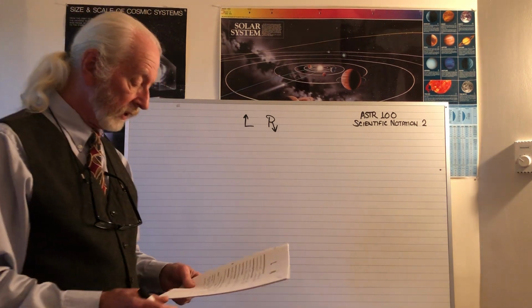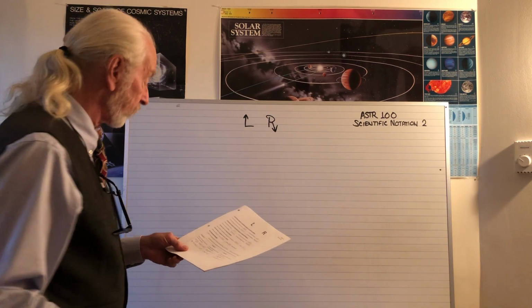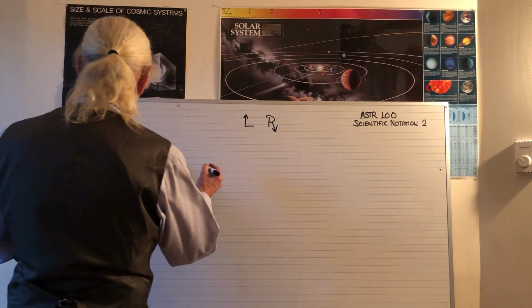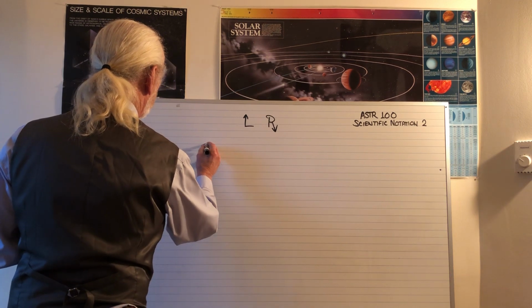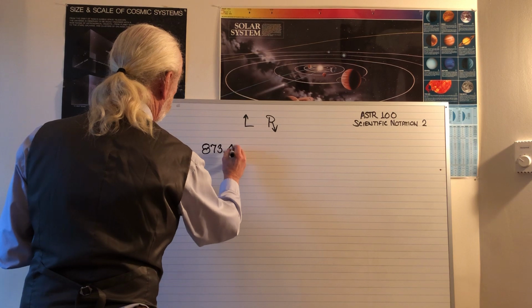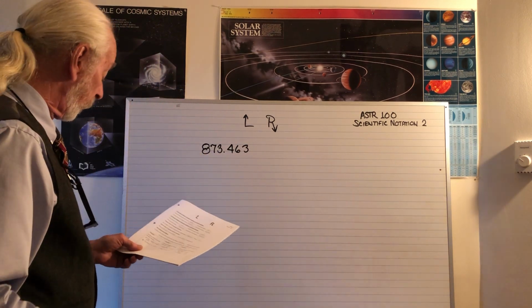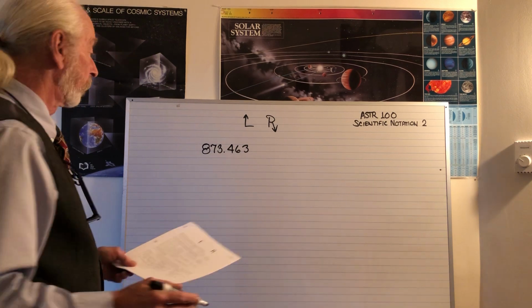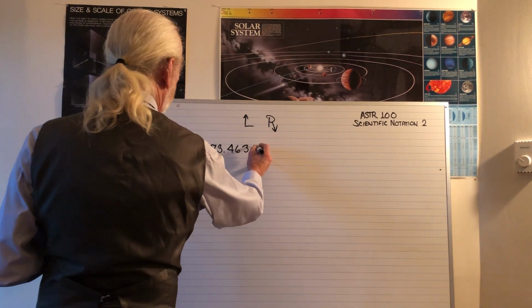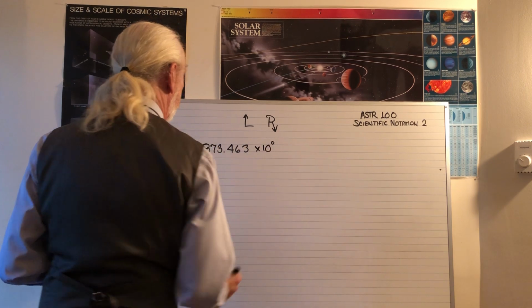So let's try a few of these. Example 1, 873.463. All right, there's my number in standard notation. I'm going to change it to scientific notation. And just so I have a reference point, I'm going to slap a 10 to the 0 on it, just like that.